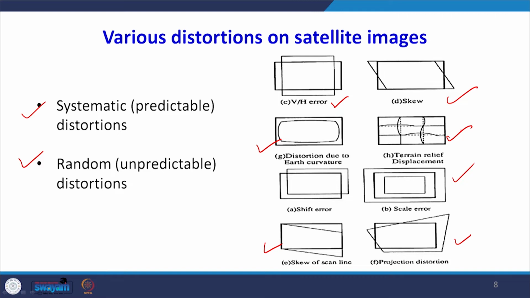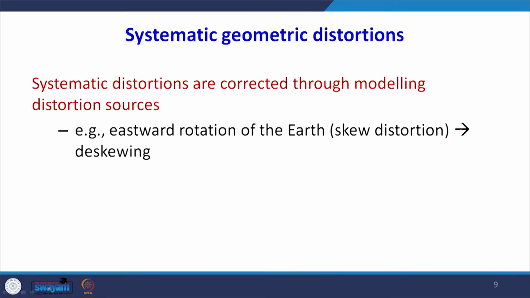So these are different ways of showing diagrammatically how the different errors present in the images affect the geometry of the image and distort some of the objects, and ultimately the measurements, or whatever quantitative data we derive from them, may not be correct.